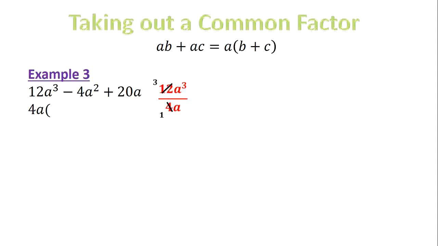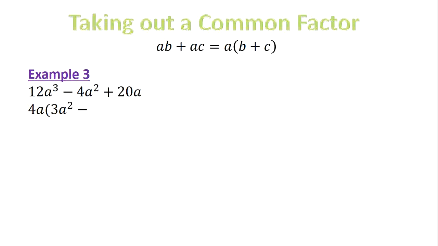A goes into a cubed, a squared times, and a goes into a once. And so at the top, or the numerator, we have 3a squared, and the denominator we just have 1. And so we write down 3a squared.